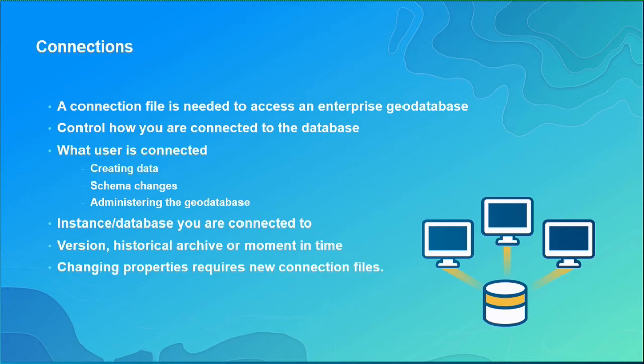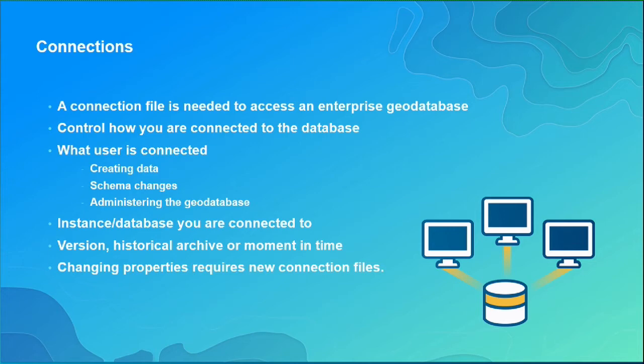To connect as any one of these administrators, you do need a connection file. The connection file is how you access your database. It determines who and how you are connected. So when you connect to the database, you provide a username. That's the who. So depending on who you're connected as, you may be able to perform various operations that I mentioned earlier.